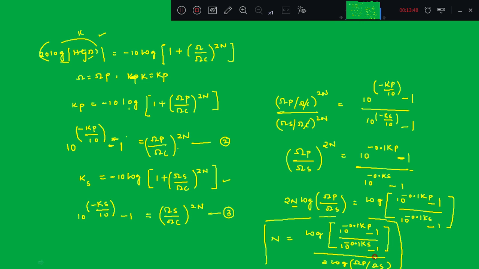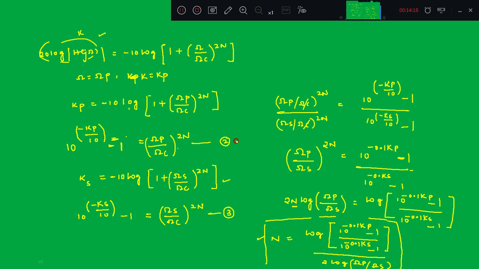Even in the problem statement, if the digital specifications are given, using frequency warping, we have to convert the digital frequency specifications into the analog frequency specifications, right? So this is about the order of the filter n, right? And then next we'll calculate the cutoff frequency.